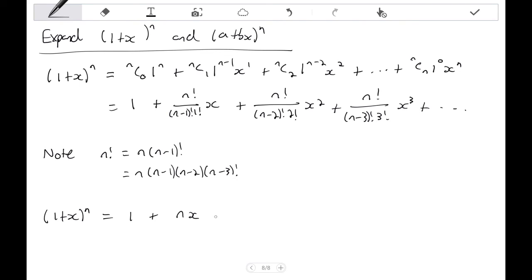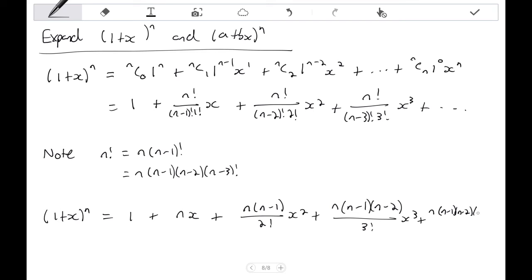If you do a similar process on the rest of them, you end up with this: n times n minus 1 over 2 factorial x squared, add n, n minus 1, n minus 2 over 3 factorial x cubed, and I'll write one more in, n, n minus 1, n minus 2, n minus 3 over 4 factorial x to the 4, add dot dot dot.